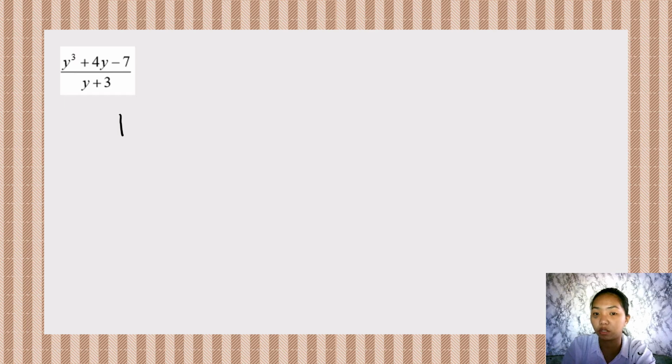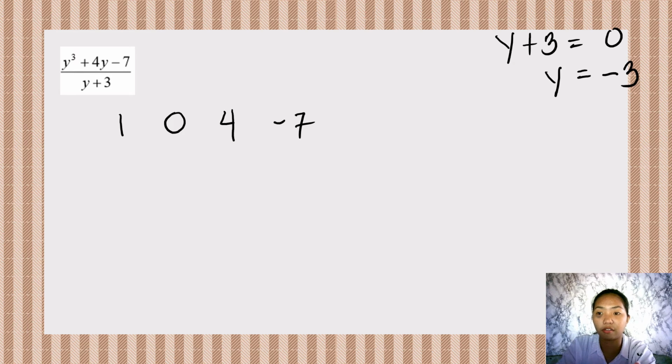We don't have y squared, so we put 0. And then for our linear term with the exponent 1, that is 4. And for our constant, negative 7. And then we will first equate our divisor to 0, so y equals negative 3.